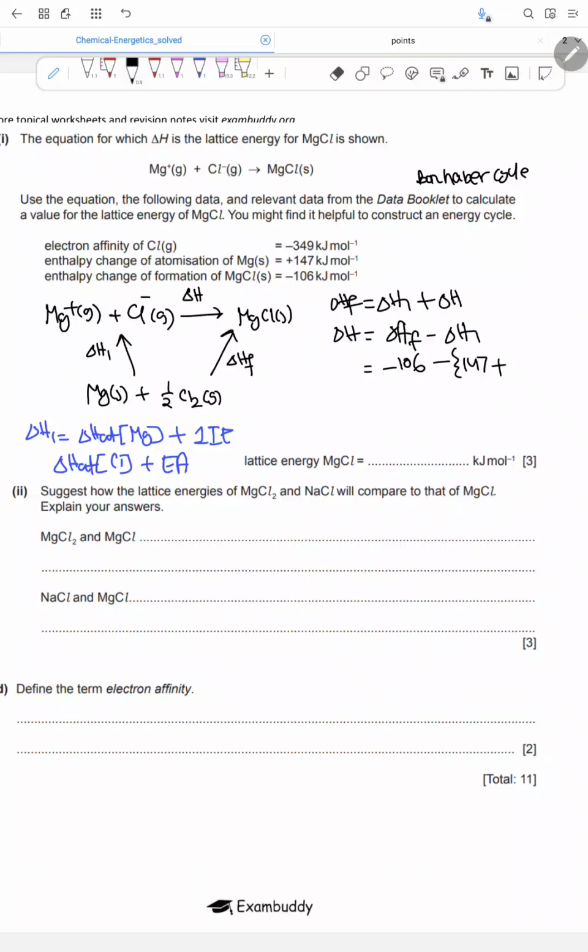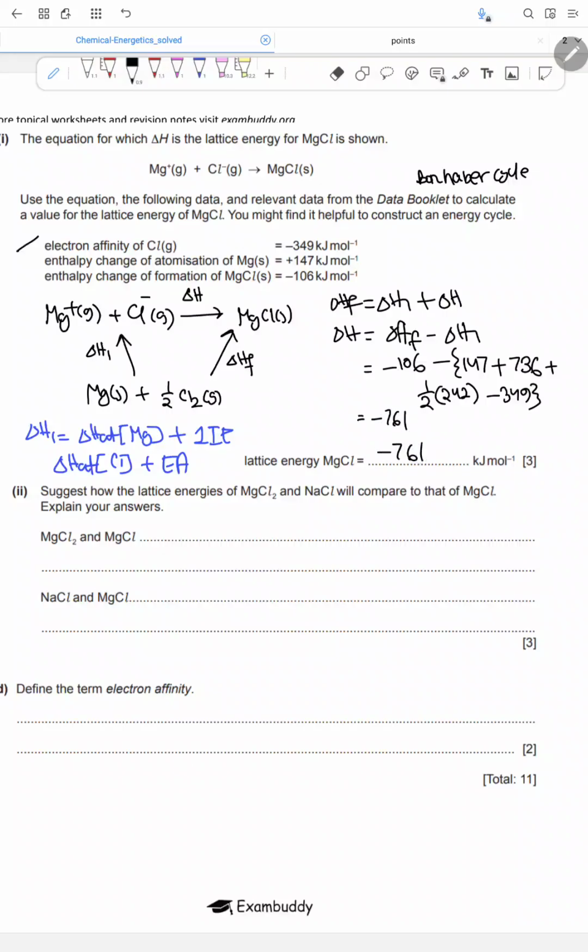Find magnesium. The first ionization energy is 736 kilojoules per mole. Then we have to atomize the chlorine. For that, we need half the bond energy. Go to the bond energy page, find chlorine, that's 242. Then we'll just add the electron affinity, that is minus 349. Let's calculate the values: minus 761 kilojoules per mole.